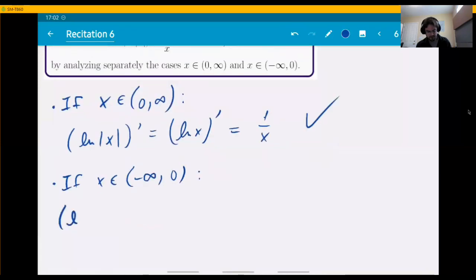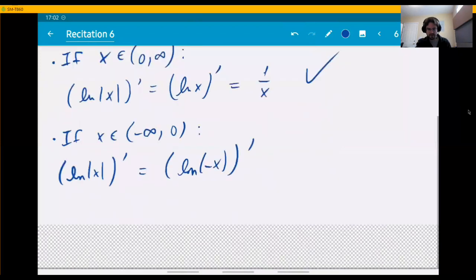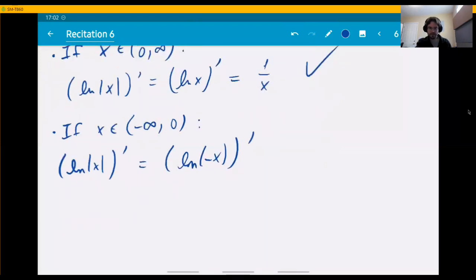Now the function that we're trying to differentiate is actually ln of minus x, because absolute value of x is minus x now. And what happens here, this is a chain rule. You have two functions. You have ln of another function, the another function being a very simple one, minus x.